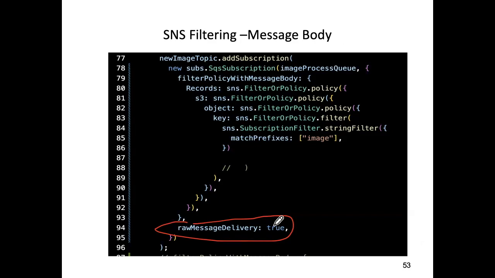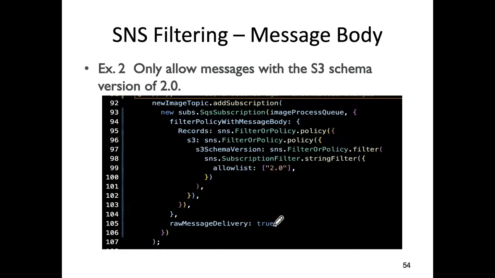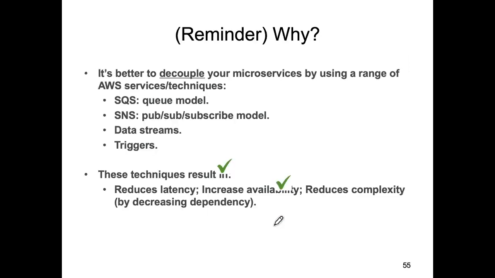Okay, that's as much as we need to know about filtering. I've just repeated a slide from the very beginning of this deck, but the whole reason we're talking about all of this is that we like to decouple the functional components, the functional resources that make up our architecture, i.e. the lambdas in our case.